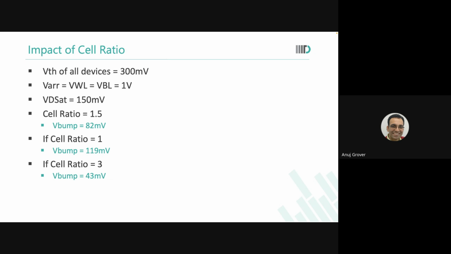See, we are just looking at half the picture here, just looking at V bump. In reality, there is a latch. So the other inverter can also trip because you have such a skewed pull up to pull down ratio. So there is a sweet spot. You would typically not go for a cell ratio beyond 1.75.